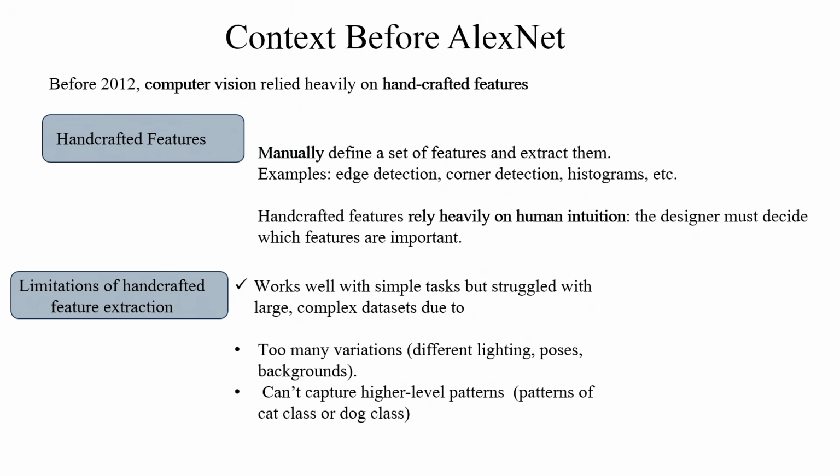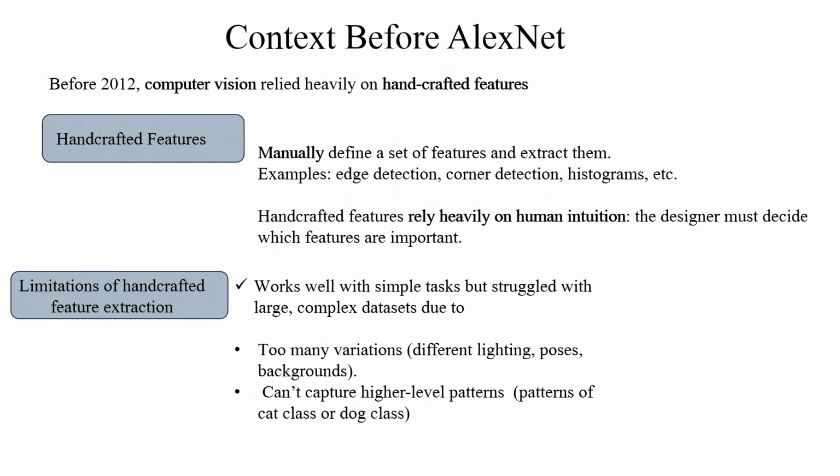What are the limitations? They worked well with simple tasks, but struggled with large complex datasets due to too many variations: different lighting, poses, backgrounds. They also could not capture higher level patterns of a cat class or dog class, etc. Handcrafted features worked well with very simple tasks, but when we wanted the computer to recognize a cat as a cat, it was not able to do that.